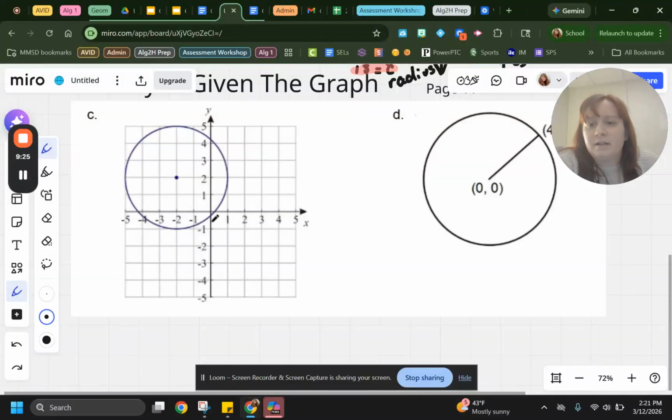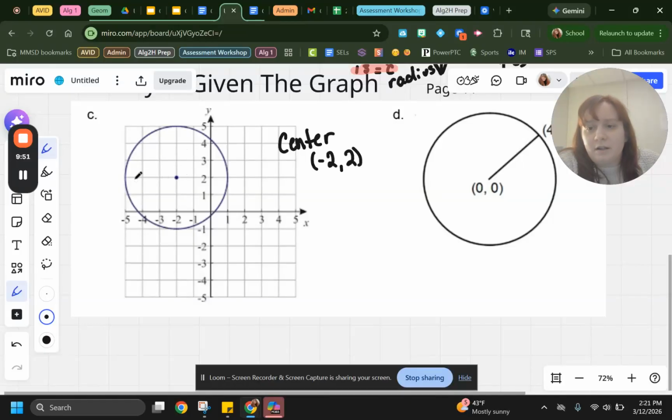For question C, we have to first figure out where our center is. The center of this circle is at the point -2, +2. Make sure you're always putting your x value first, your y value second. In this case, if I have a grid like this, then we can easily find the radius by starting at our center and either counting up or down or left or right.